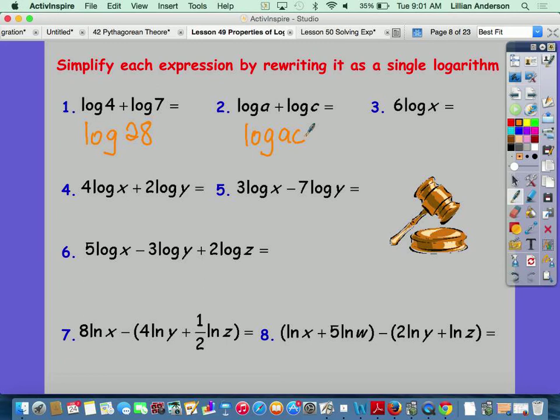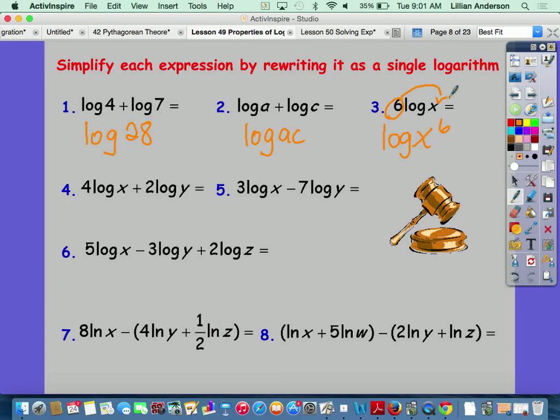Over here, 6 log X can be written as log x to the 6. Just remember, this is the power rule. If the number is out in front, you can bring it up to the exponent. And if the 6 is out front, that is technically not written correctly. It needs to be just log with the base and then the expression afterwards, okay?